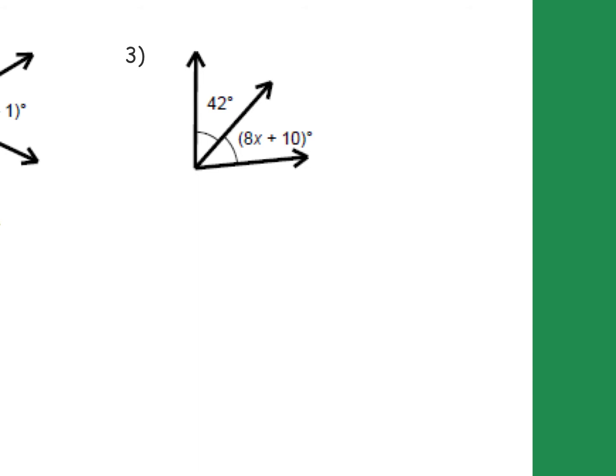No. Okay, great. Complementary, good. Yeah, so it's complementary. I think that's how it's spelled. I've just been spelling it, cutting it off at the E, right? Complementary. Because they equal how much? 90. And that means it's complementary.